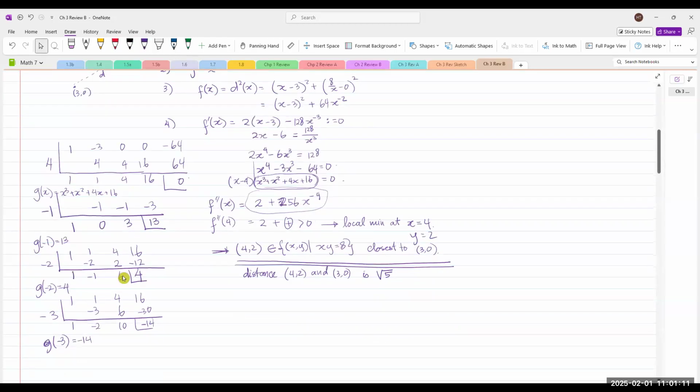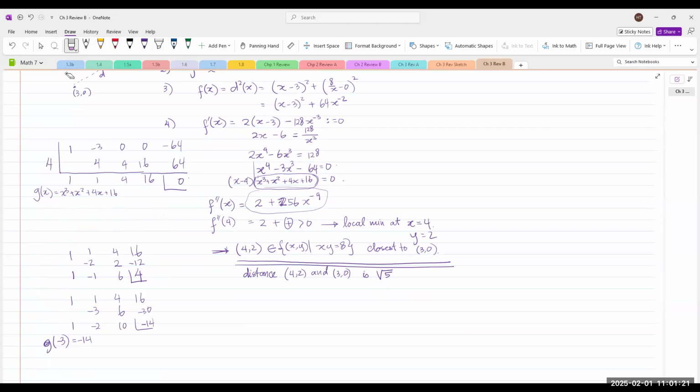Now I will apply Newton's method. So let me erase this first. According to the intermediate value theorem, we know that there is a zero between negative 3 and negative 2. Now, I have not mentioned Newton's method here in my review, but let me show you one way to apply that.